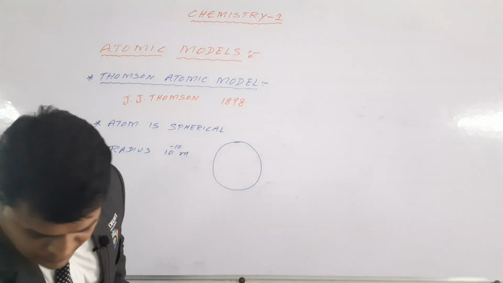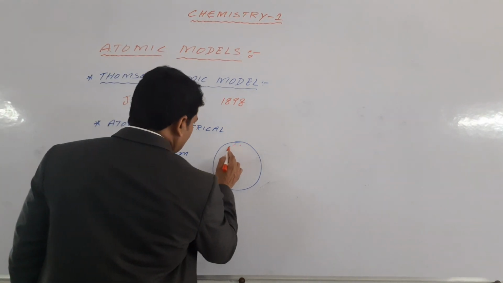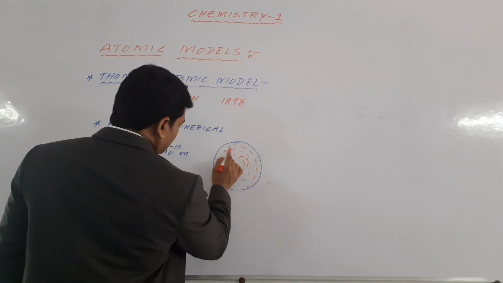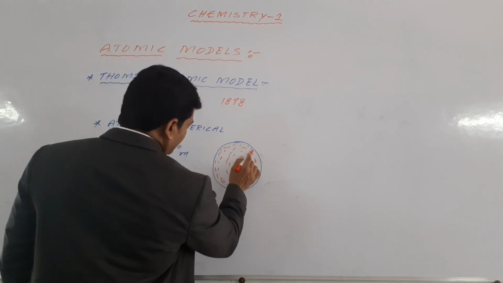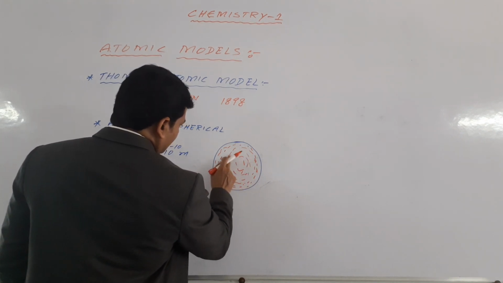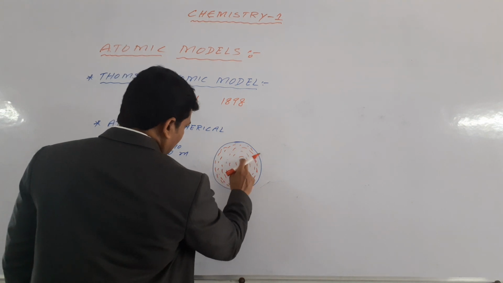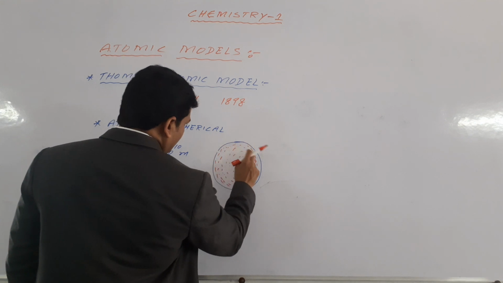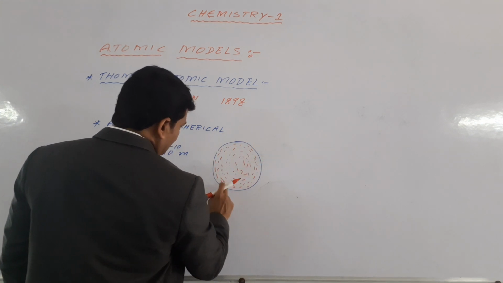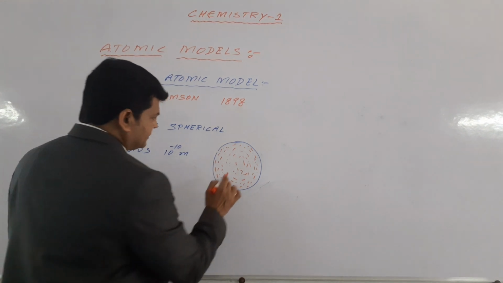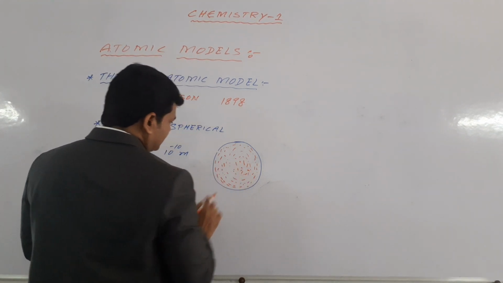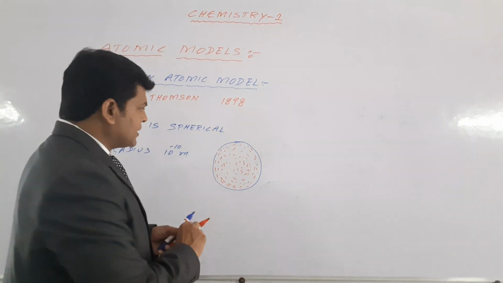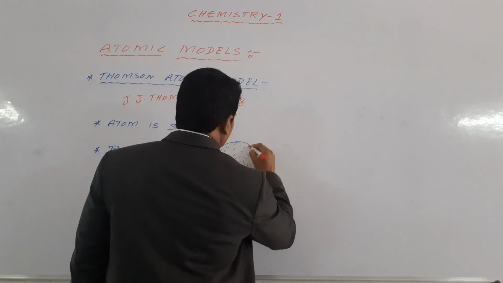See, like this. Positive charge is distributed uniformly all over the atom.